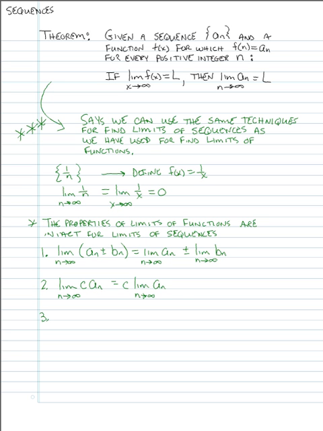Number 3, this one we probably will use quite frequently. The limit of a product of the terms of two sequences. So we've got two sequences, and we're looking at multiplying the first terms together, the second terms together, the third terms together, and so on. And we want to know the limit of the new sequence that gives us.